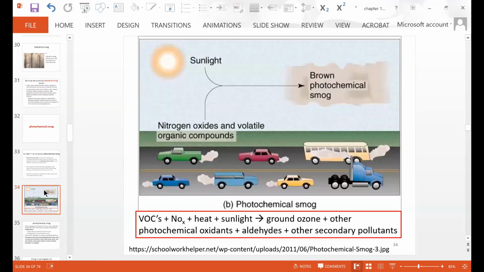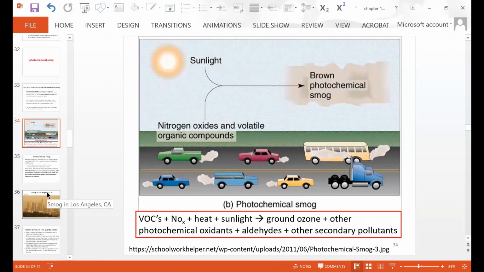And this diagram shows you, here you have the vehicles, you have the nitrogen oxides and VOCs released by the car exhaust, the interaction with the sunlight, the UV radiation, and then the formation of the brown photochemical smog. You also have ground ozone related to this.